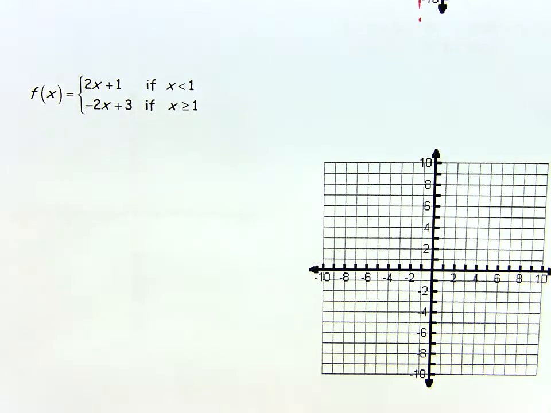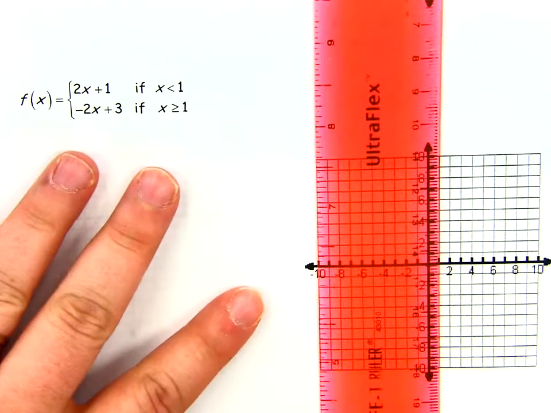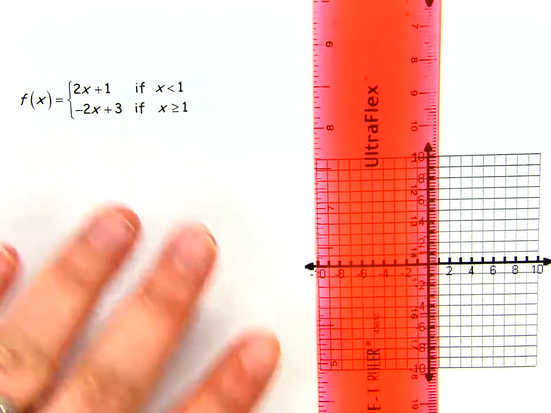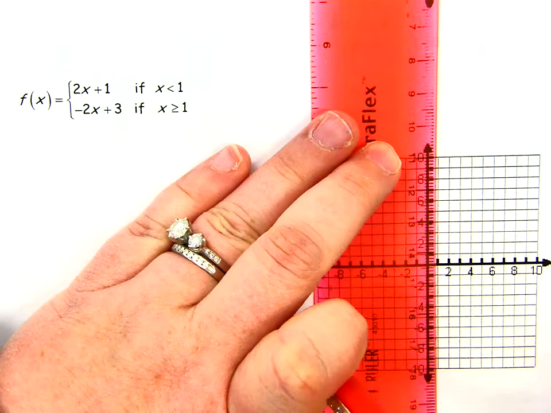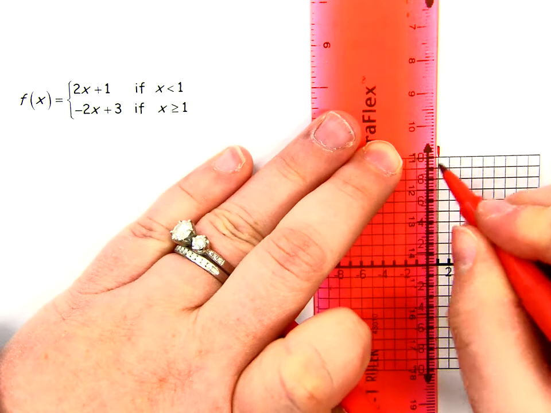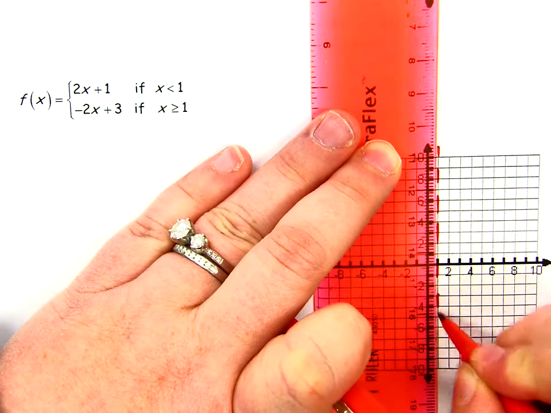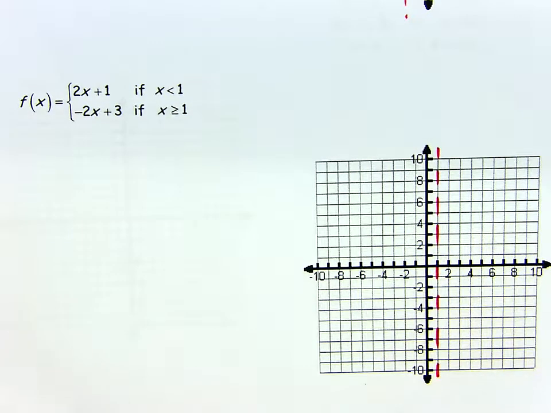So again, I'm going to start off by dividing my grid into the two parts, less than 1 and greater than 1. So I put a dotted line at 1. This is not part of the graph, so if you leave this out, there's no penalty for that. It's just to help me know where I'm going. So I have something happening to the left of this red line, something happening to the right.